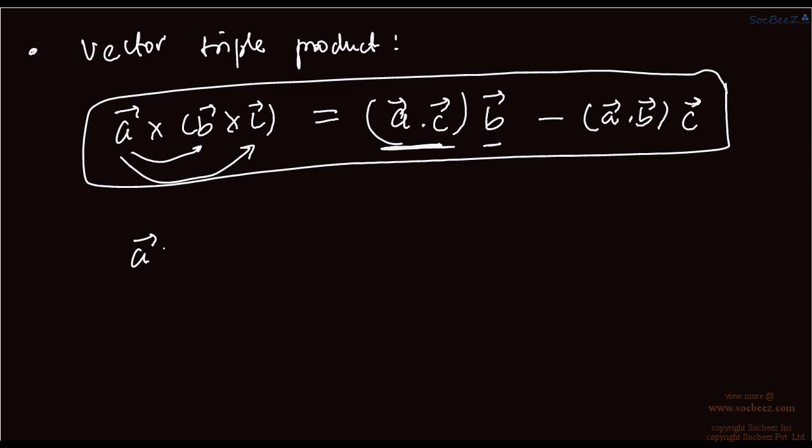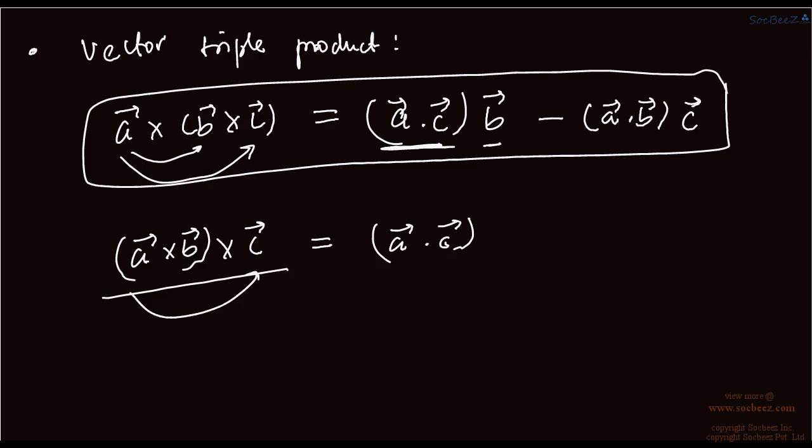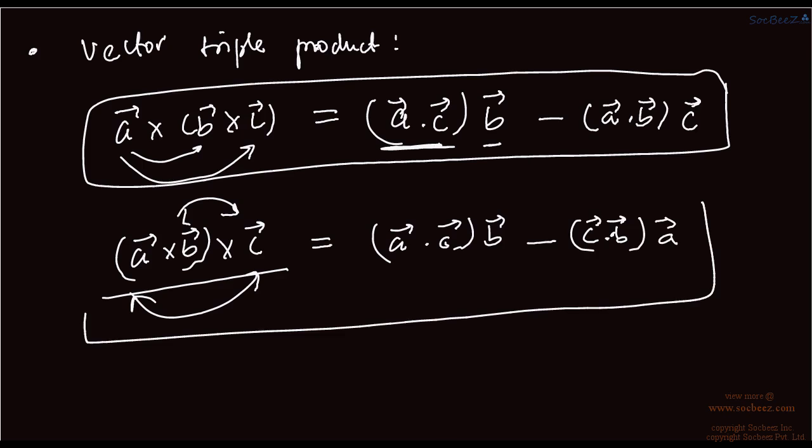And A cross B cross C will be different in this case. You cannot even change the brackets. If you change the brackets, the result changes: it becomes (A dot C) times B vector, minus (C dot B) times A vector.